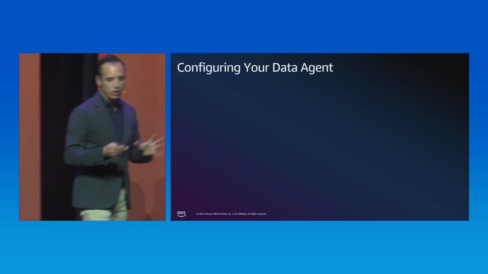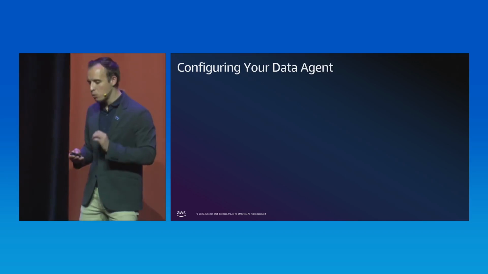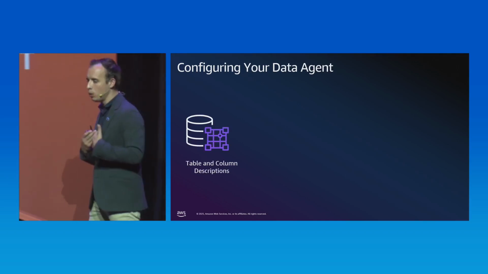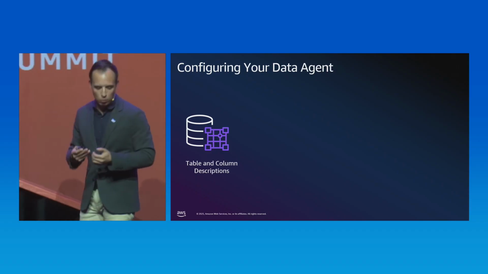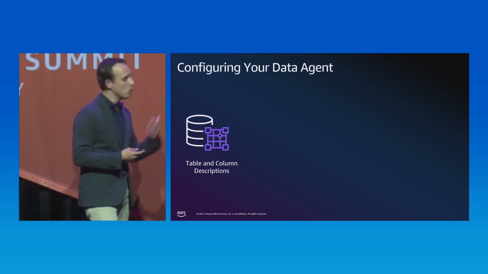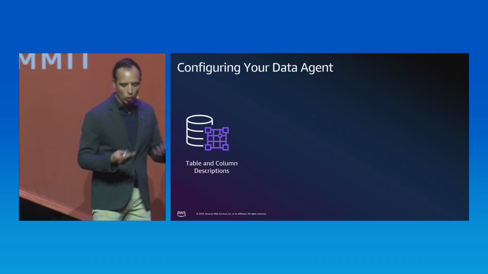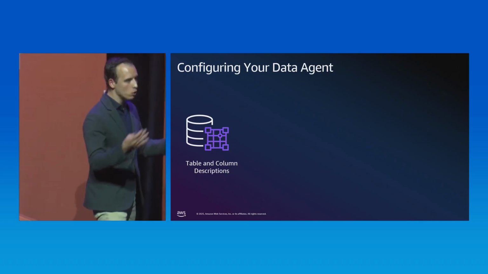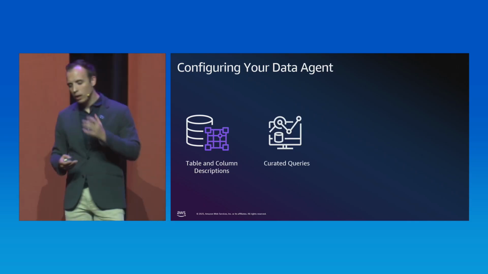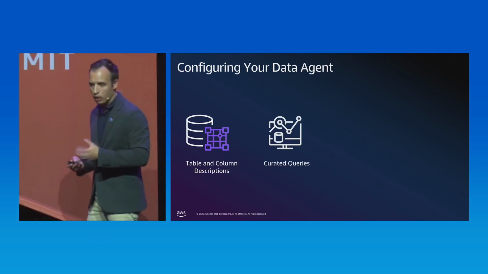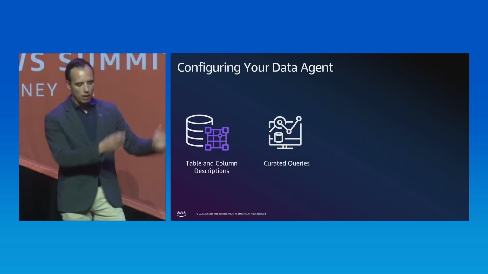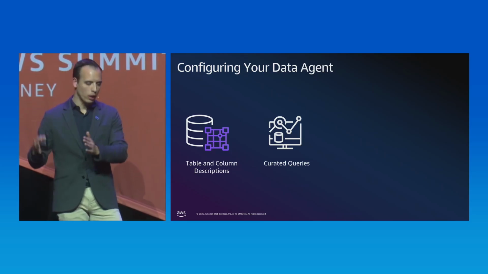So all of this translation comes with structured knowledge bases in Amazon Bedrock. And what we can do as architects in building the system, we can help it by providing more context. So describing the tables and columns, right? If there's ambiguous naming, we can give it some helping hand. What we can also do is provide curated queries. So what this means is I will have a natural language question, and then what resulting query it will actually produce.